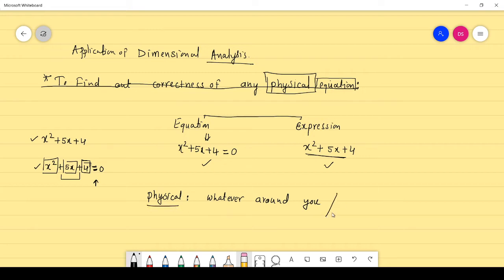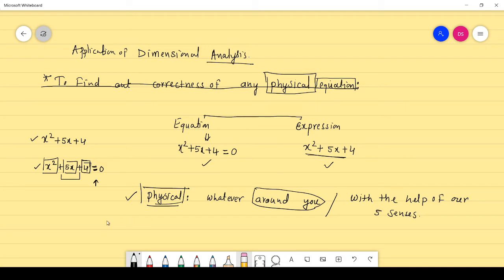In other words, whatever you sense with the help of our five senses can be considered as physical. So the world around us is considered as the physical world, right?